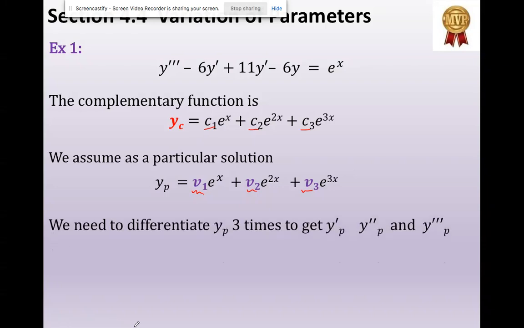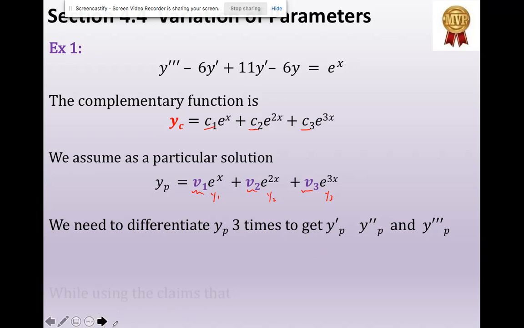But of course, since it's third order, we need to differentiate 3 times. So this is unknown function 1, unknown function 2, unknown function 3, and this is our y1, y2, and y3. And we need to differentiate each one of those 3 times.